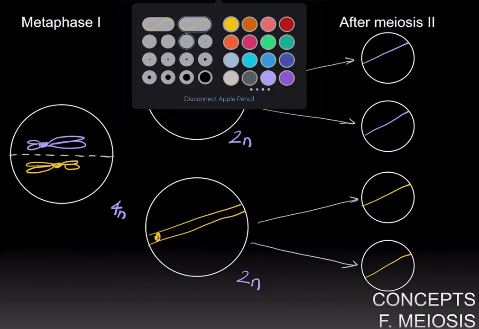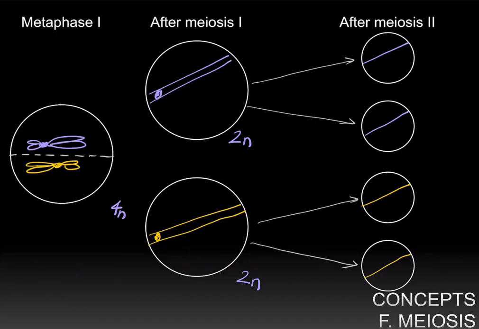And since there's cytokinesis or cell division during meiosis 2, the number of chromosomes halves, so that you end up with gametes having half the number of chromosomes, n chromosomes, which corresponds to the haploid number for the organism.